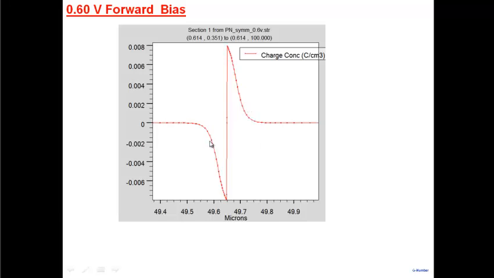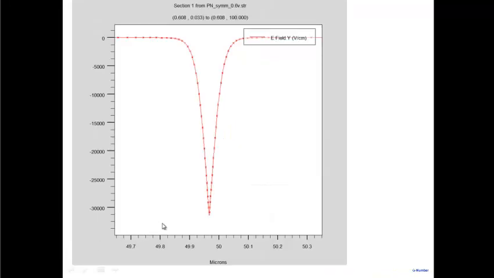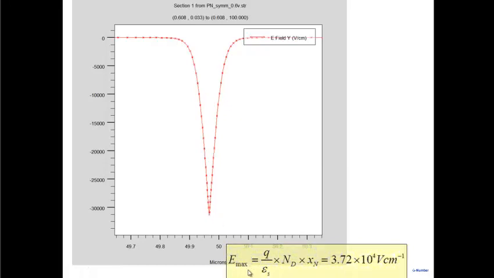Now, if we were keeping our old view of what depletion approximation is, we would have said, well, it will completely break down, right? But depletion approximation still gives you reasonable results here. In fact, the electric field that I calculate using exact analysis and using my depletion approximation differ by errors of only 19%.